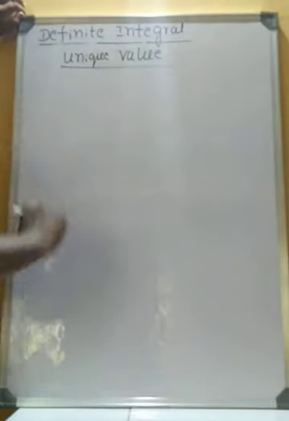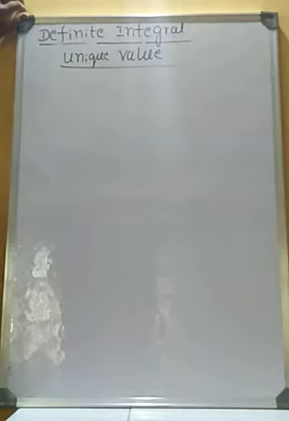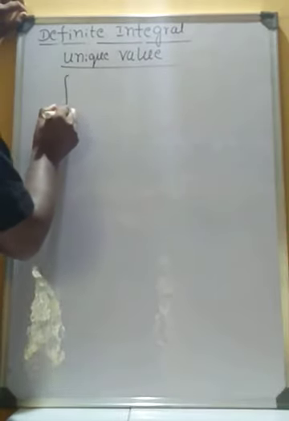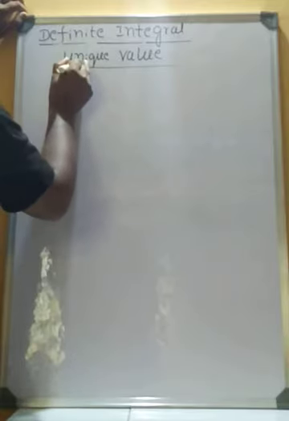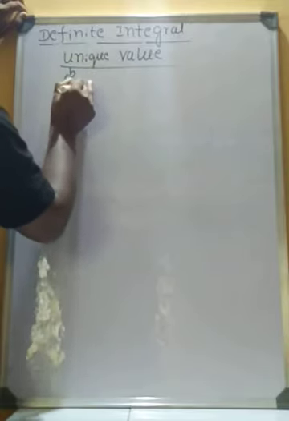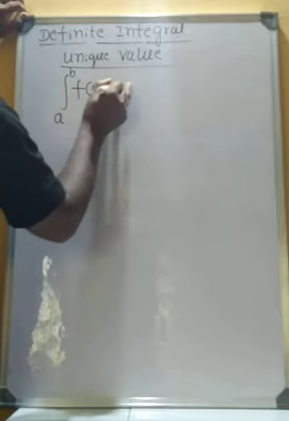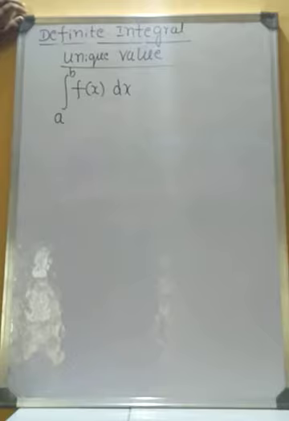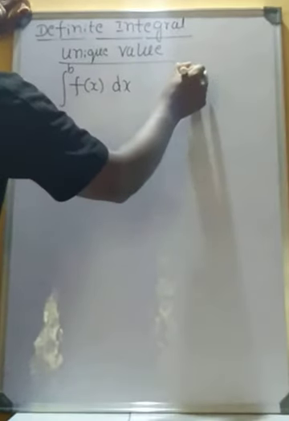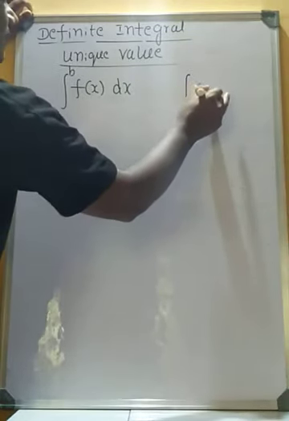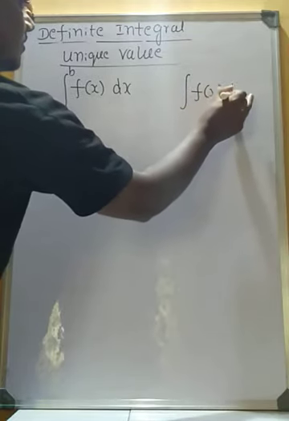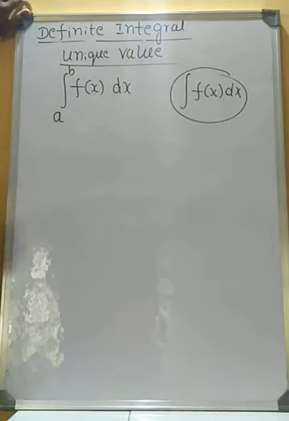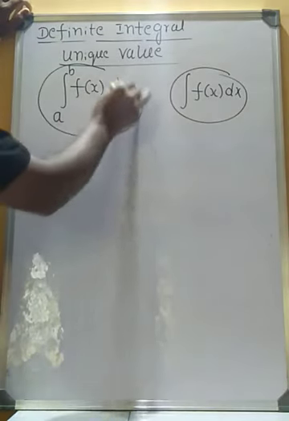A definite integral is denoted by the integral from a to b of f of x dx. In an indefinite integral, we write integral f of x dx. This is the indefinite integral. This is called the definite integral.